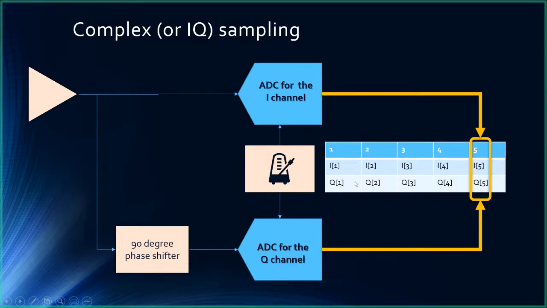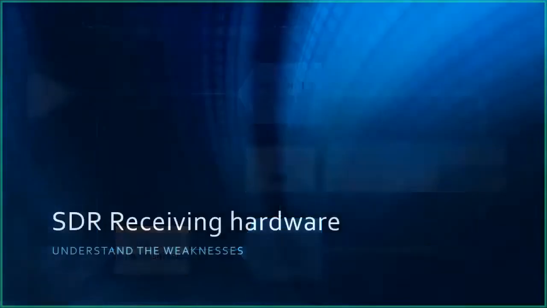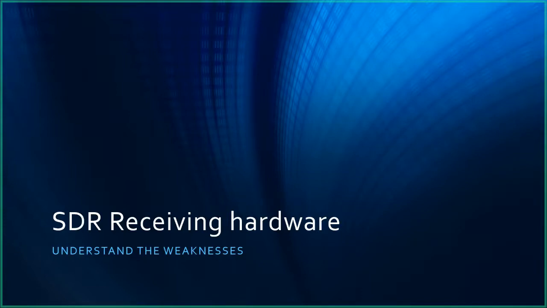So now you have I and Q, and that's nice because now we have the spectrum the good way. So you see that the hardware is directly impacted by the way we process the signal.